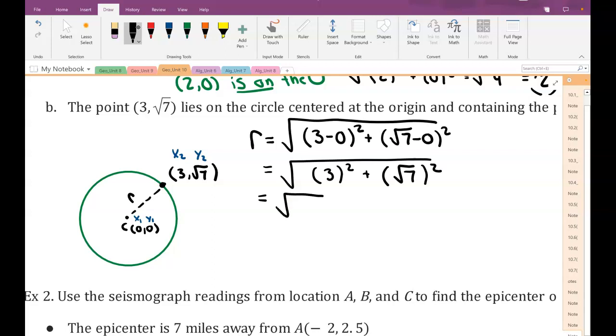So you'd get the square root of 9 plus 7. Combine underneath, so you get one number that you can take the square root of. Square root of 16, which is equal to 4. So we know for sure that our radius is 4.